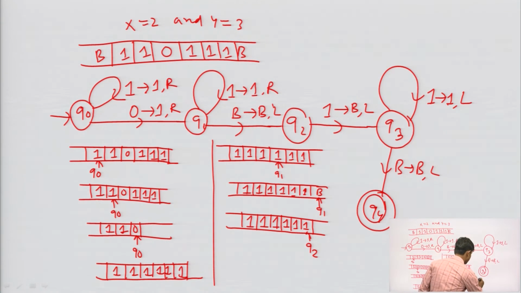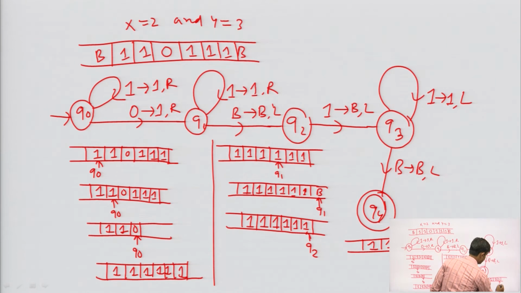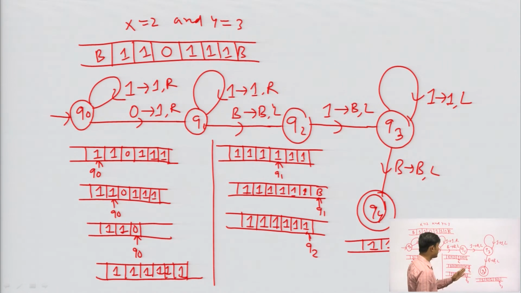Now, at Q3, you check the tape: 1, 1, 1, 1, 1, 1. Q3 points to this one. Because Q2 read 1, you replace 1 with blank, and 1 with blank, and move to left.